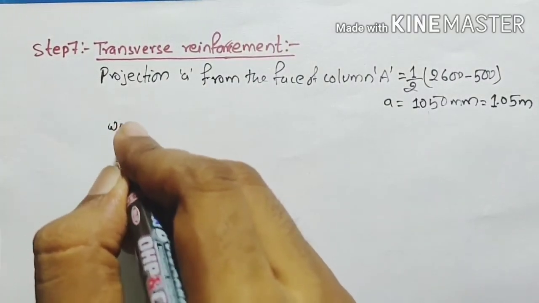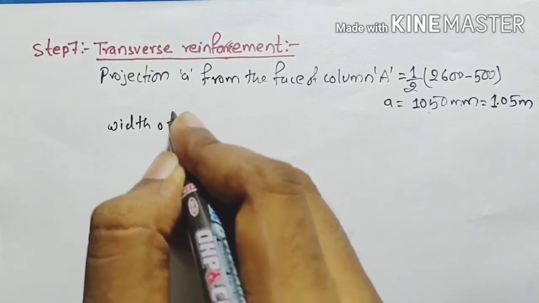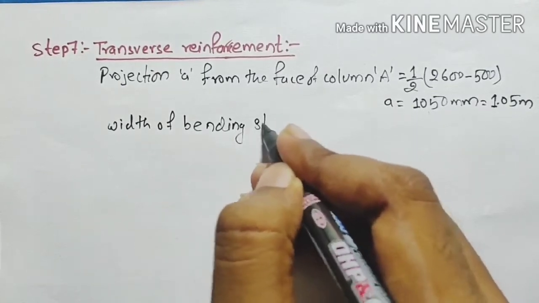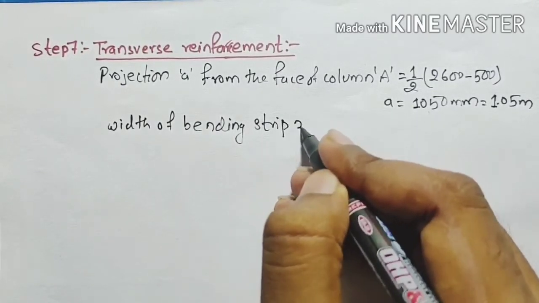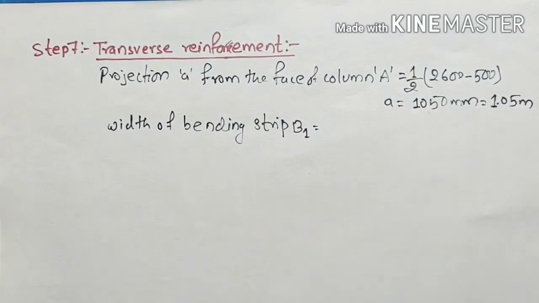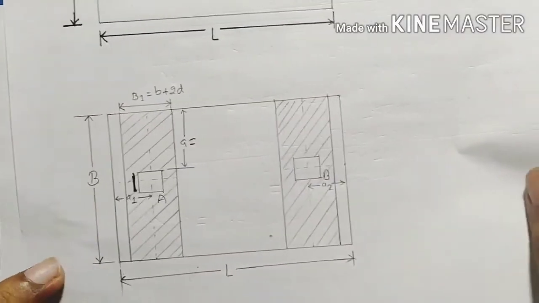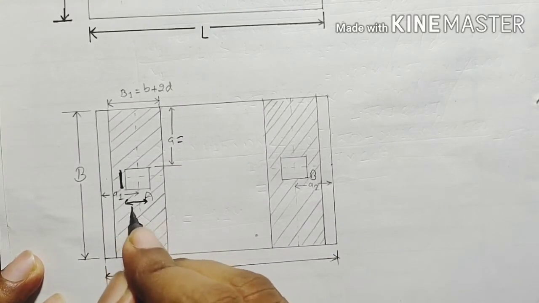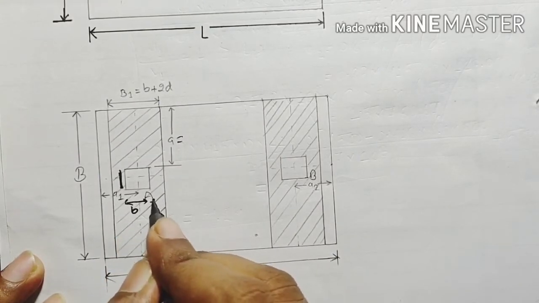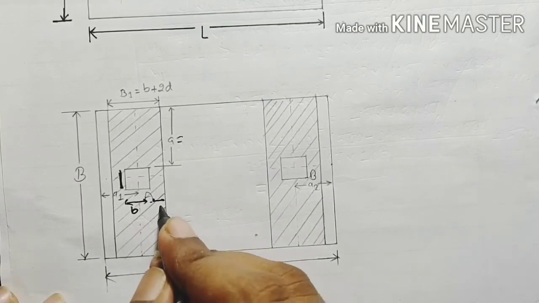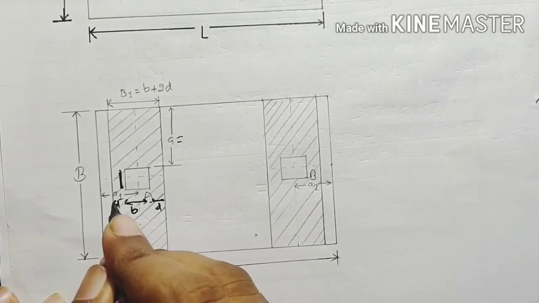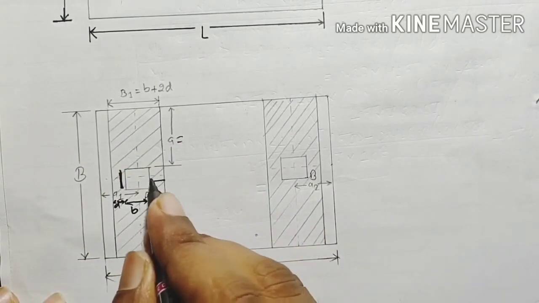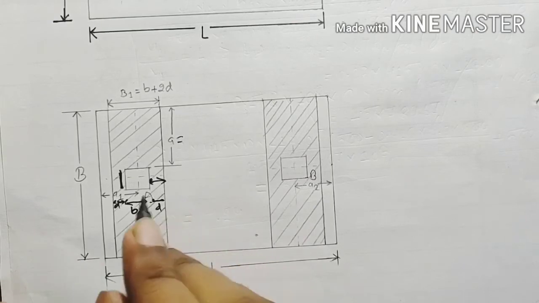Similarly, the width of bending strip B1. Again let's move to the diagram. See here, this is the width of the column B and we are taking it up to the distance D, which is the depth of the column. We are taking the strip up to the distance D from the face of the column in this longitudinal direction.